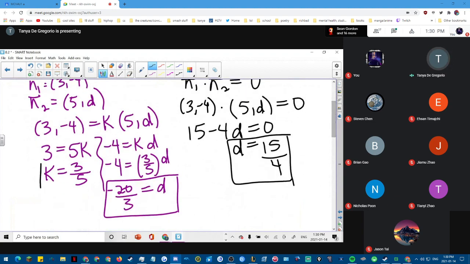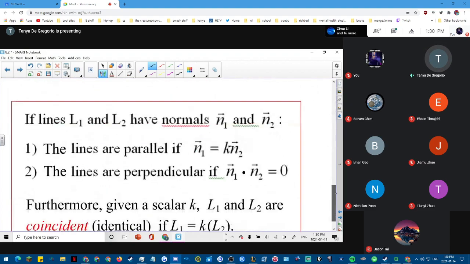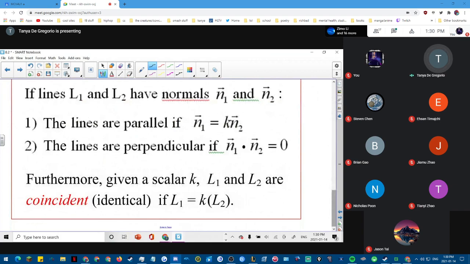Okay, just to make this more clear, this is exactly what I've just been saying. If lines L1 and L2 have normals n1 and n2, the lines are parallel if the normal of one is a scalar multiple of the normal of the other, and the lines are perpendicular if the two normals dotted together are equal to 0, because that's also true with the direction vectors.